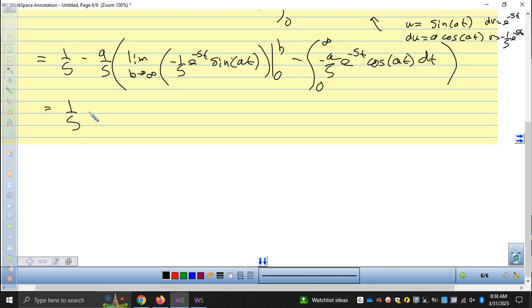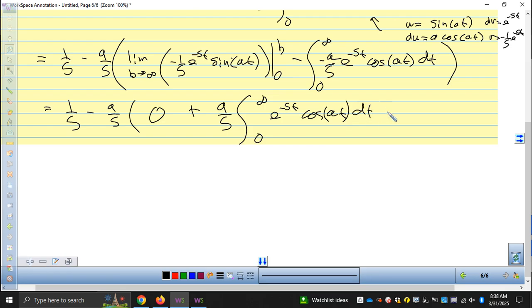Equals, I'm keeping careful track of all of this stuff, a over s. This limit, as b approaches infinity, this e to the minus st term gives us a 0 limit, and the sine of 0 is 0. So we get 0 plus a over s times the integral from 0 to infinity of e to the minus st cosine at dt.